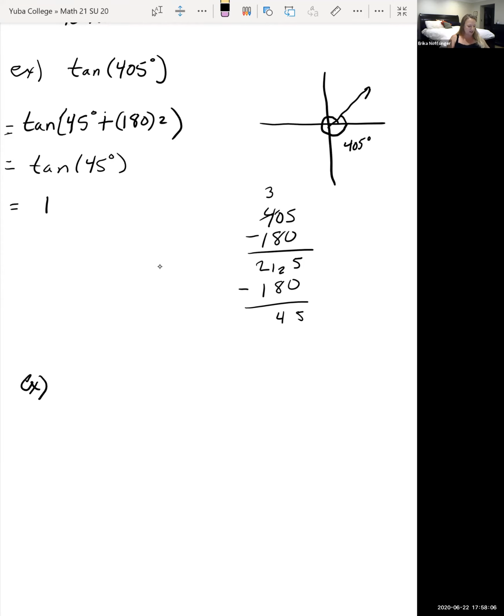So when they're asking you to do this, I'm okay with you doing it how we were doing it at the end of last week. So if it said, look at cosine of 37 pi over 6.